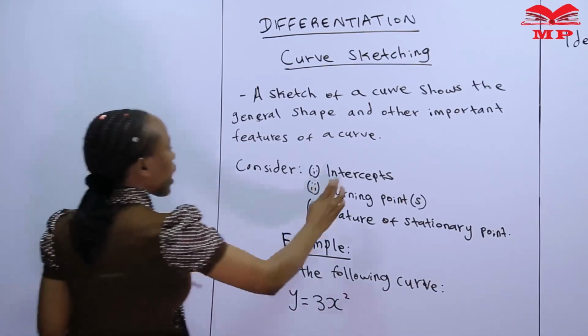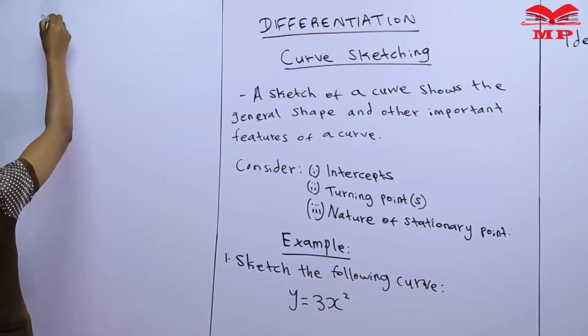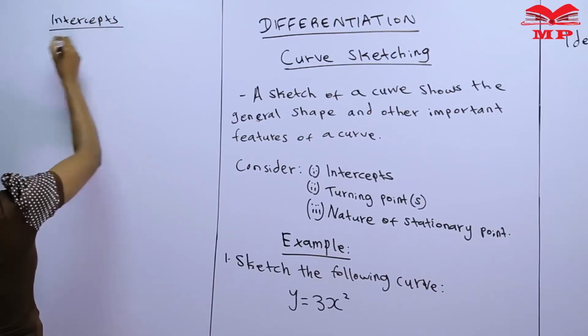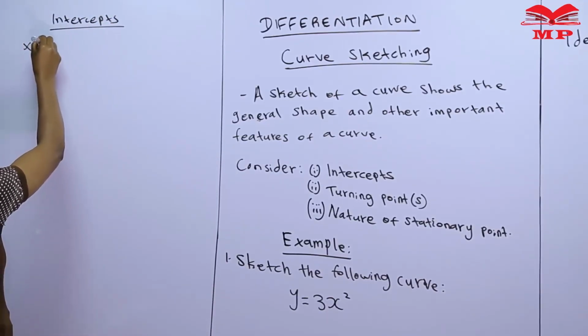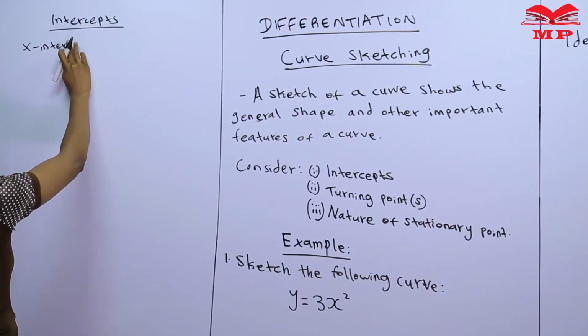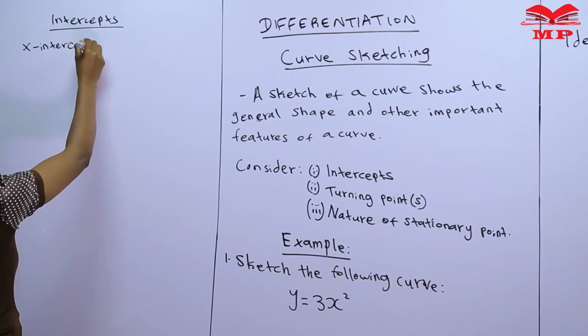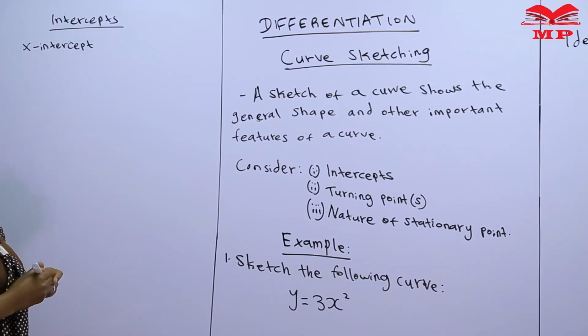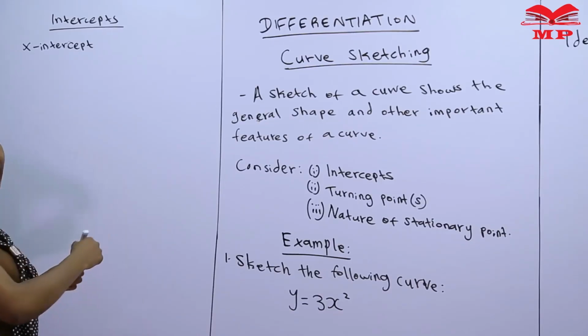So I want us to start with the intercepts. We need to get the intercepts, that is the x-intercept and also the y-intercept. So we can start with the x-intercept. The x-intercept is the point where the curve cuts the x-axis.